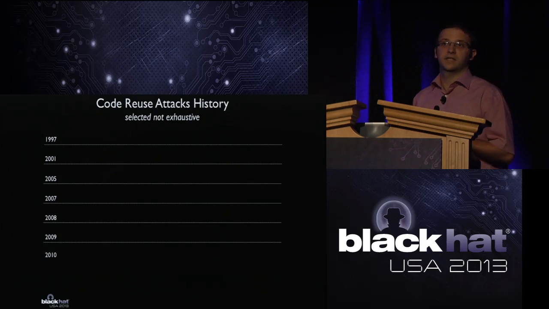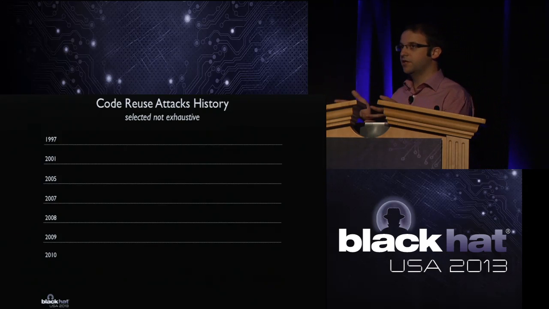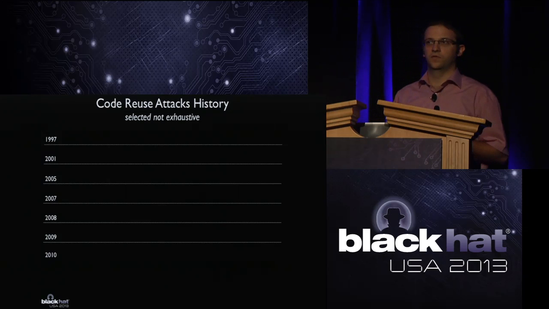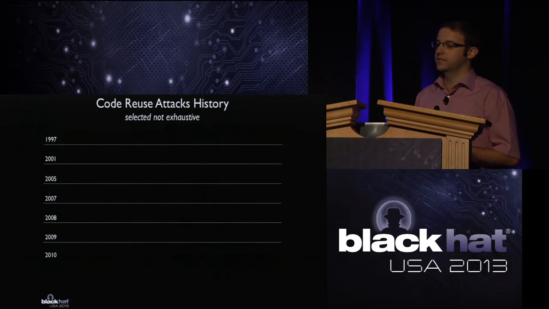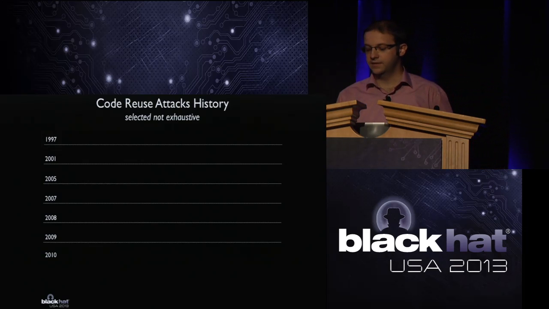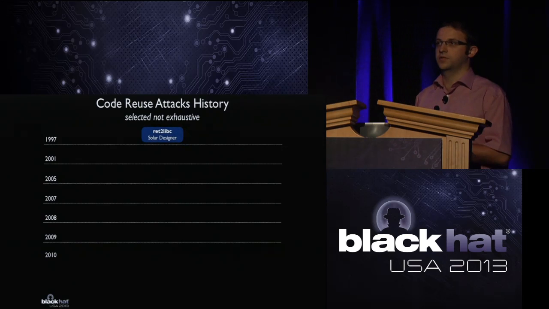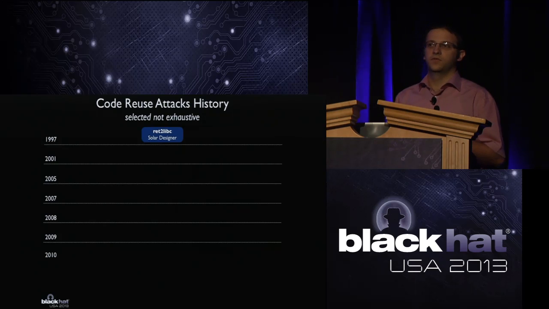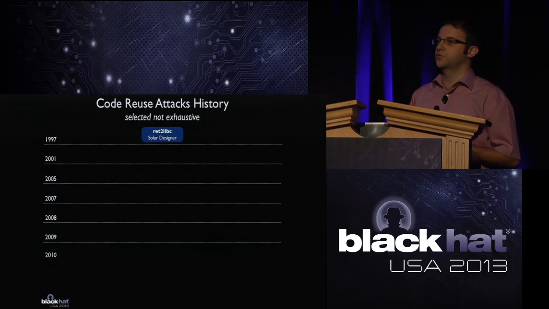Obviously, code reuse attacks already exist for a couple of years. And to give you a very brief and selected overview of the most relevant papers in the space, we have created this slide. It basically started in 1997, where Solar Designer presented an exploit where he was able to redirect the execution to a library function in libc.